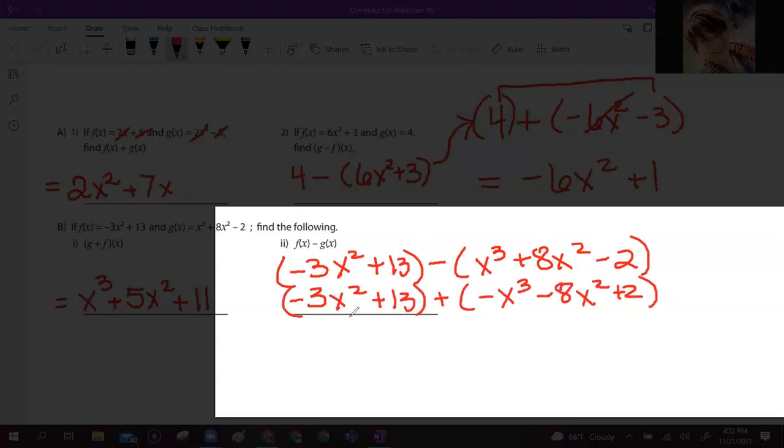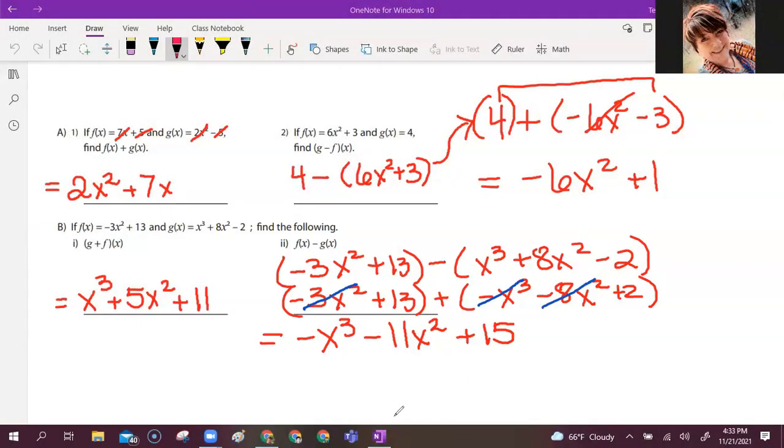And then next is to simplify and combine like terms. I have a negative x cubed. My x squareds together, I have a negative 3 and a negative 8. Same sign, add, and keep the sign. And I'm going to cross off what I've used. Visually, I just think it makes it easier. And then I'm left with just the constants of 13 and positive 2. And then I get my final answer.